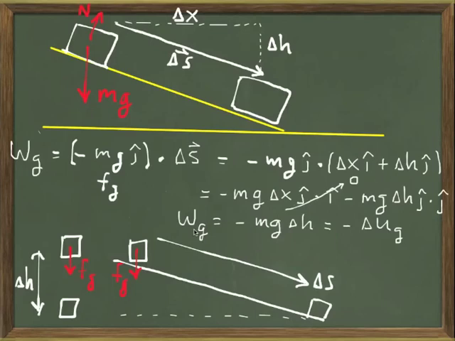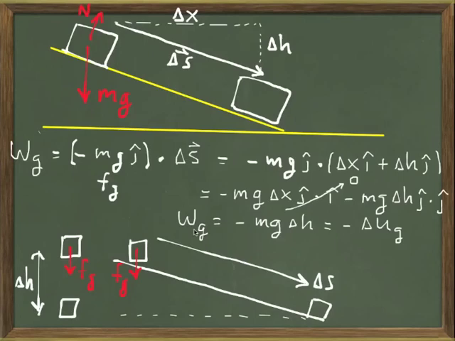The only component that contributed to the work was the component of delta s that was vertical. The other component didn't matter. So I could have had this inclined plane, or a longer one that takes me from the same initial location to the ground, and the work would have been exactly the same. It would not have mattered.